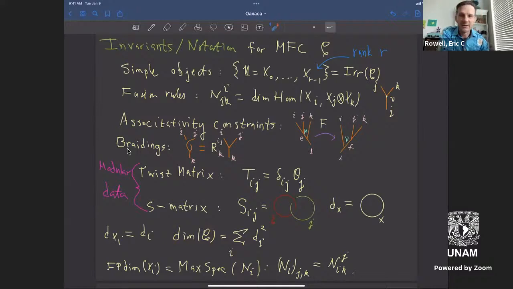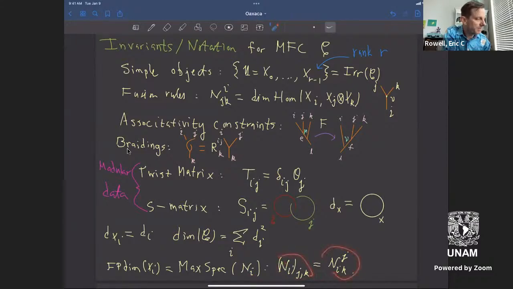Now there's another kind of dimension which may or may not be the same, which you can get in the following way. Remember, I defined these N_ij^k. Well, you can take these N_ij^k and also form matrices just by fixing one of the indices. These are what we call the fusion matrices.